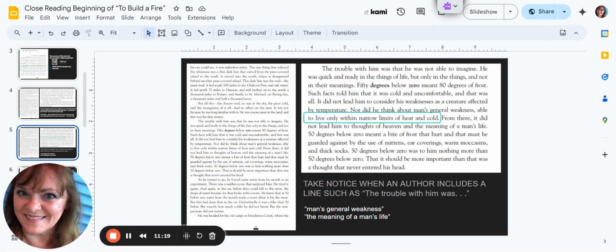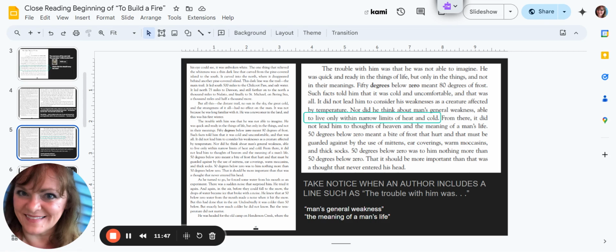It did not lead him to consider his weaknesses as a creature affected by temperature, nor did he think about man's general weakness, able to live only within narrow limits of heat and cold. Very true, very human quality that we are only able to live within a certain narrow limit of heat and cold. I'll let you decide for yourself what that narrow limit is.